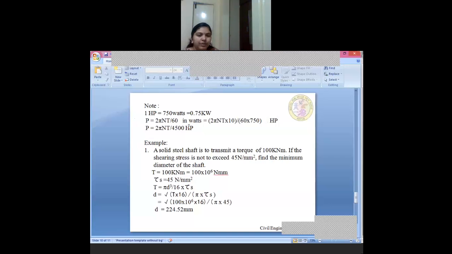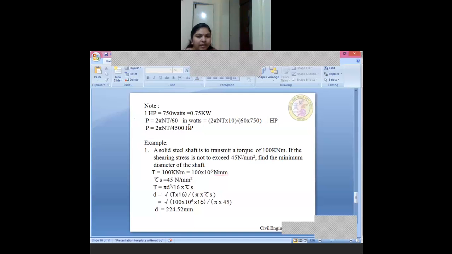Next, we shall take a small example. We consider a solid steel shaft to transmit a torque of 100 kNm. If the shearing stress is not to exceed 45 Newton per mm square, find the minimum diameter of the shaft.